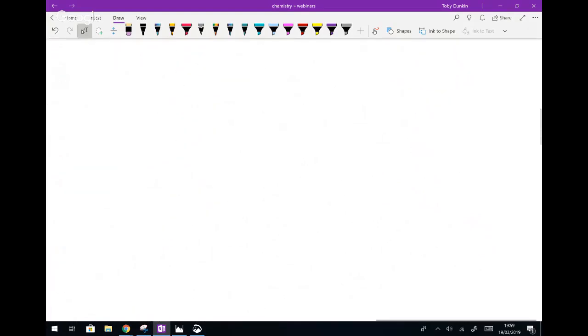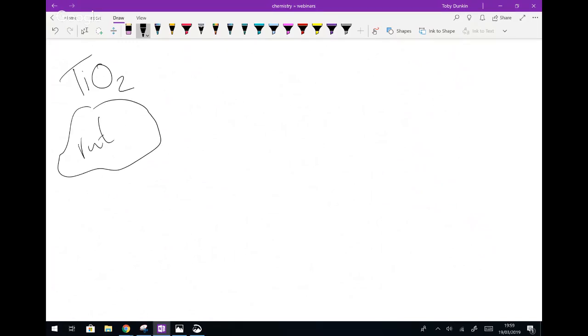Right. At this point, I'm going to talk about other metals. I'm going to talk about titanium first. So titanium comes from the rock rutile, and it contains titanium dioxide.